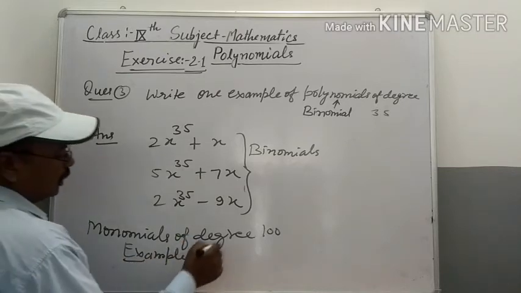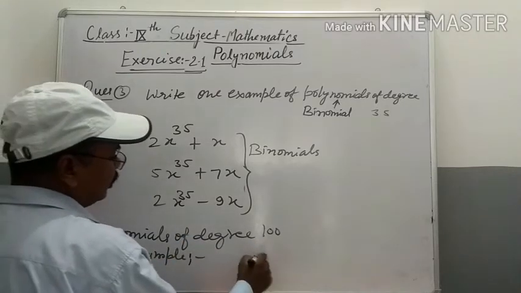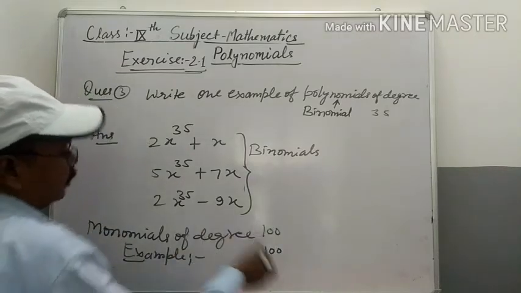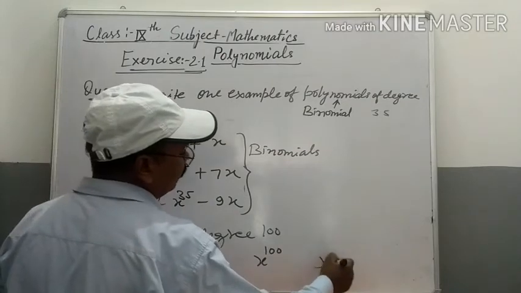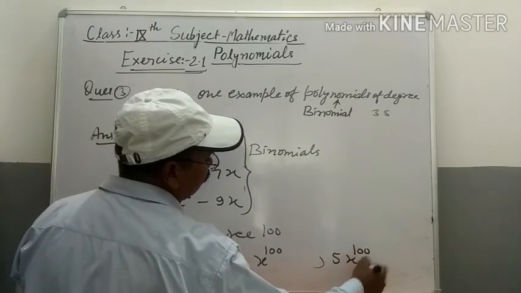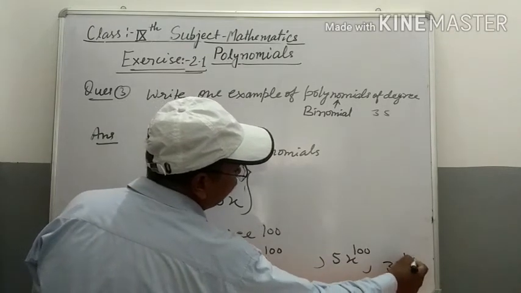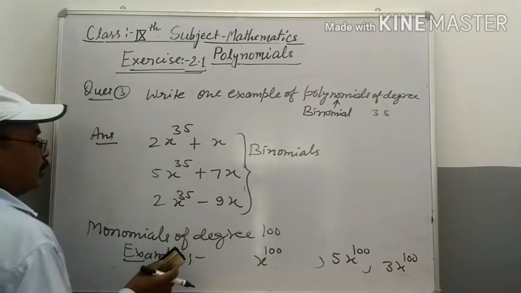Select variables students. x to the power 100. You can also write another example, 5x to the power 100. One can also write 3x to the power 100. A lot of examples you can take students.